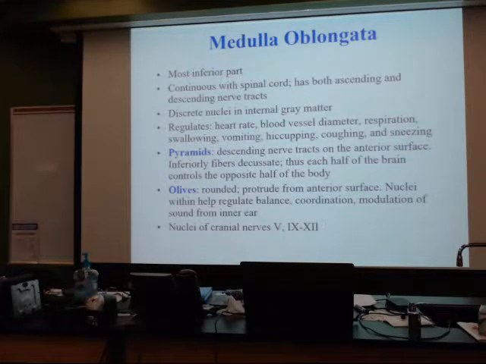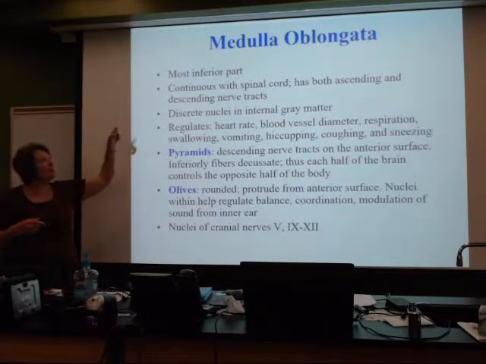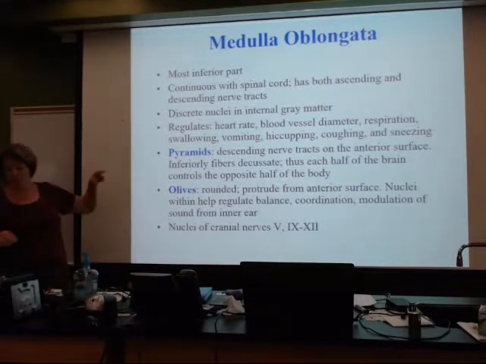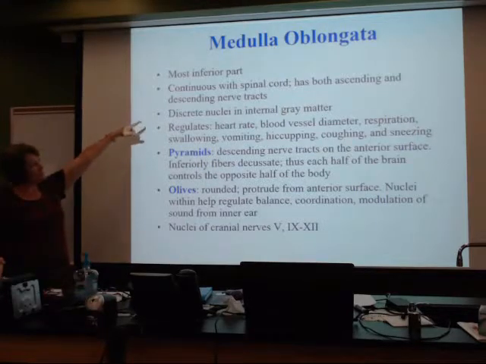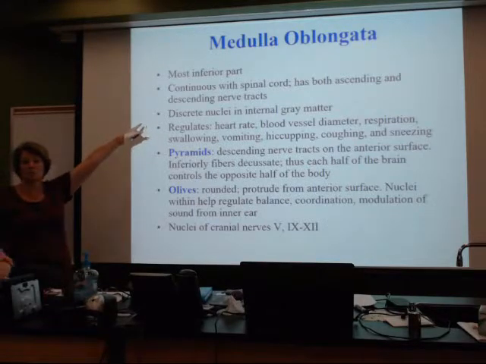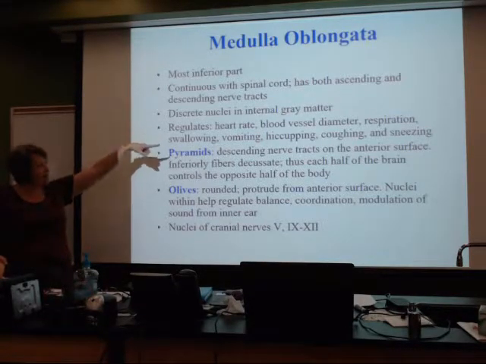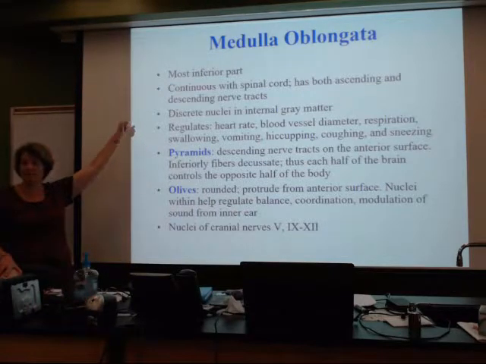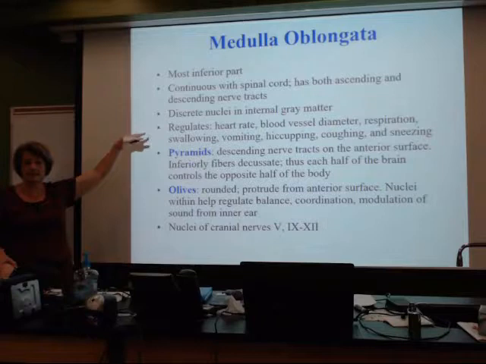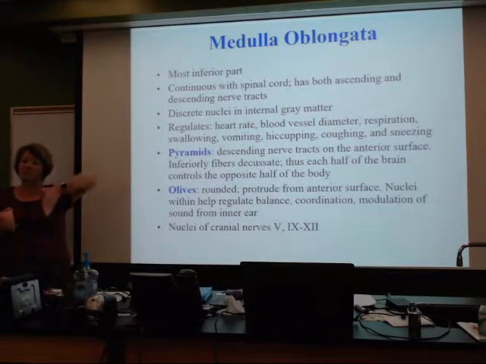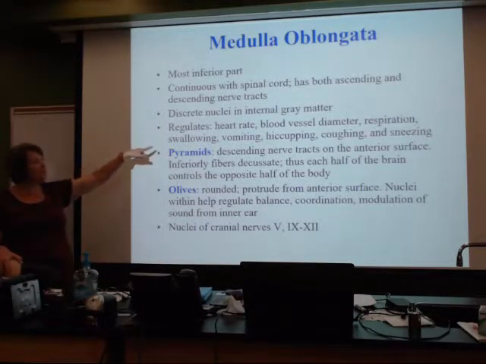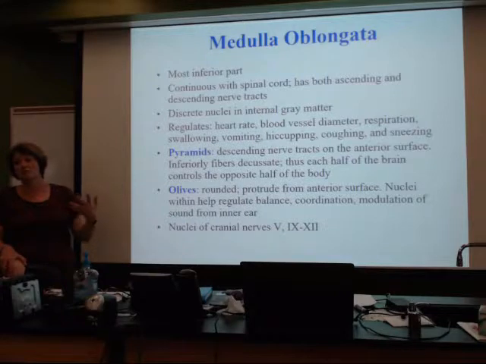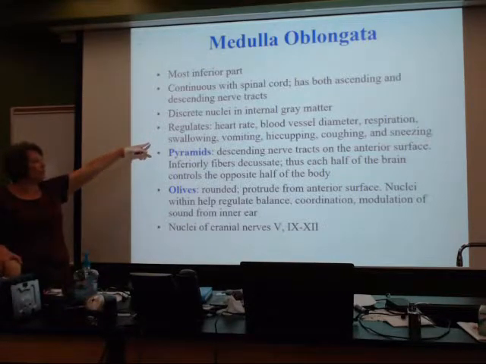So if we look at this area, the medulla oblongata, the most inferior part, this little portion right here, continuous with the spinal cord. Now this is one of the things that will change. It has both ascending and descending tracts. So information going in, information going out. Here's that nuclei. Discrete nuclei, which were the nerve cell bodies, all right, in the gray matter.